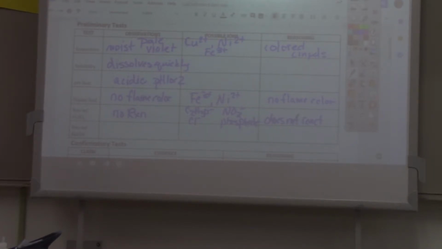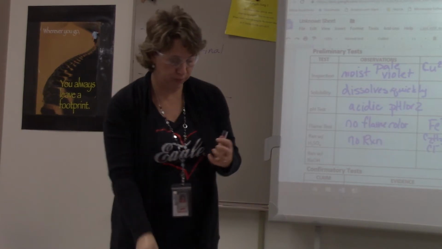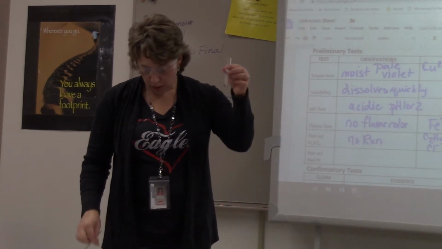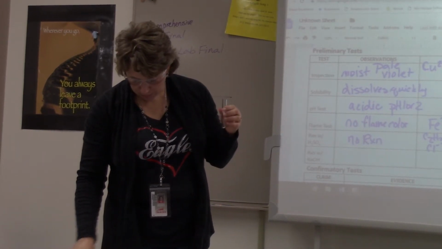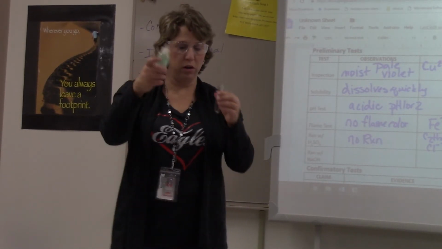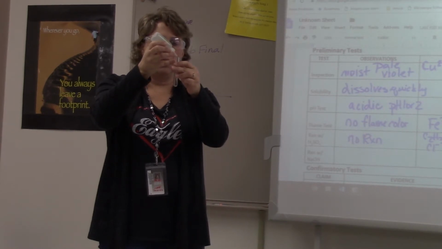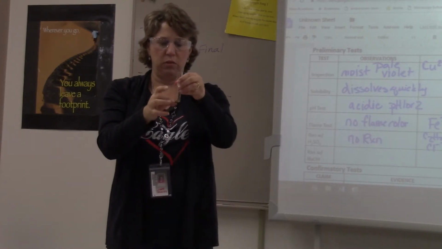If I had used any other substance besides my unknown, I'd want to make sure I was cleaning my spatula in between each use. Okay, so now I have my unknown in there. This time, I need to add 5 to 7 drops of deionized water. 1, 2, 3, 4, 5. I used 5 before, so we'll stick with that.